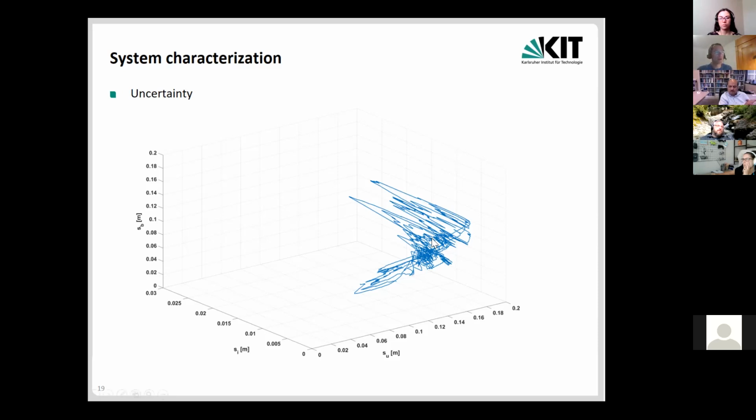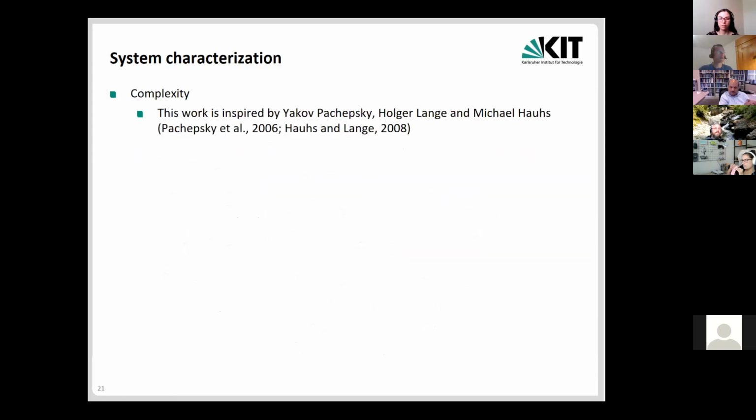So this here is not the entire time series, so it's easier to see. It could still go towards smaller values. And then secondly, the value range is not entirely derived from the data only. Okay.